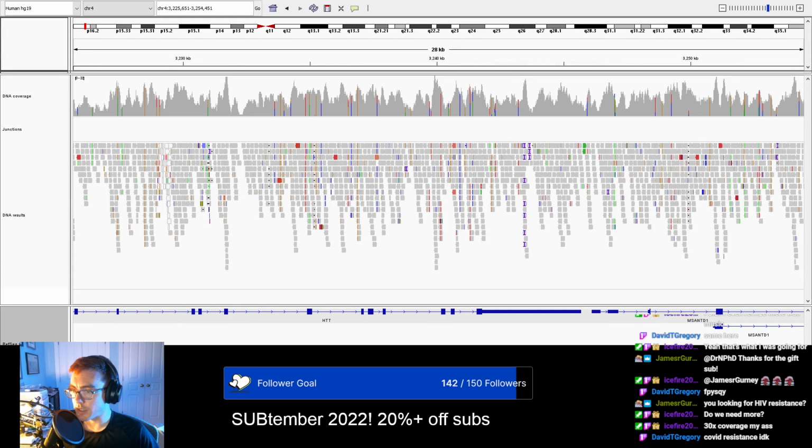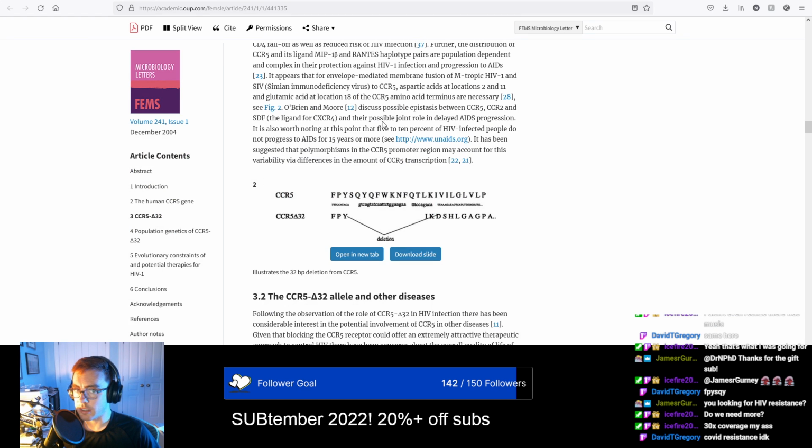Let's look at COVID resistance. So what is a COVID resistance gene? A COVID resistance SNP. We found a couple a couple weeks ago because I had shown my previous DNA testing, but it wasn't specific enough to show all of them.